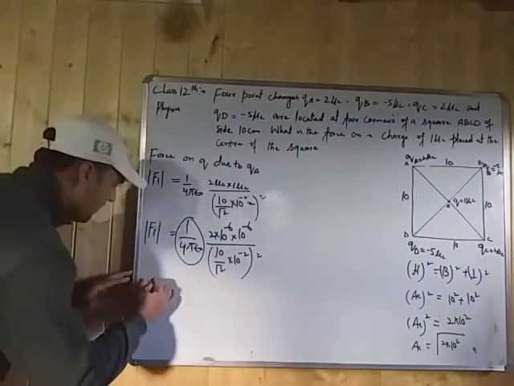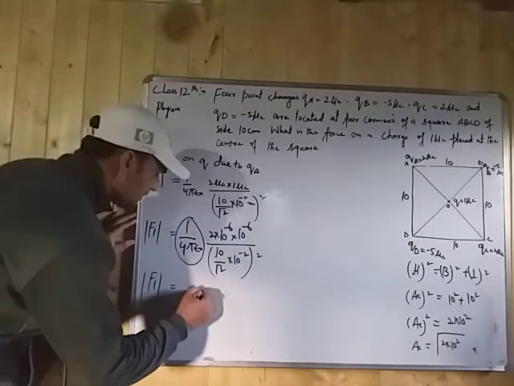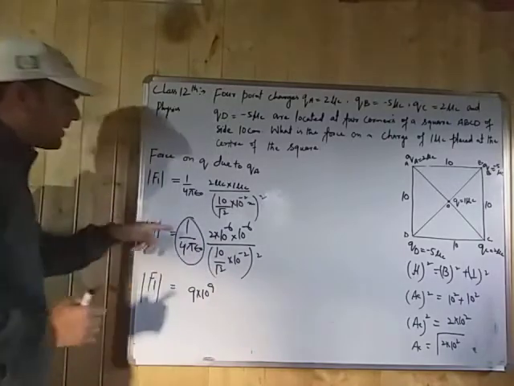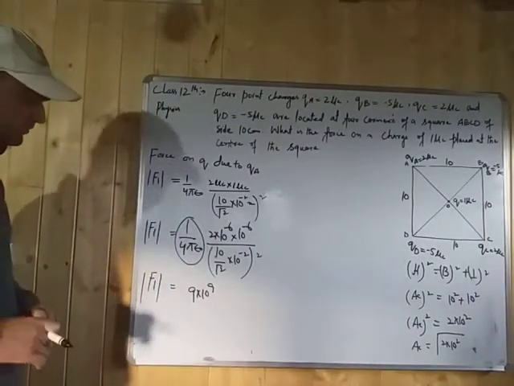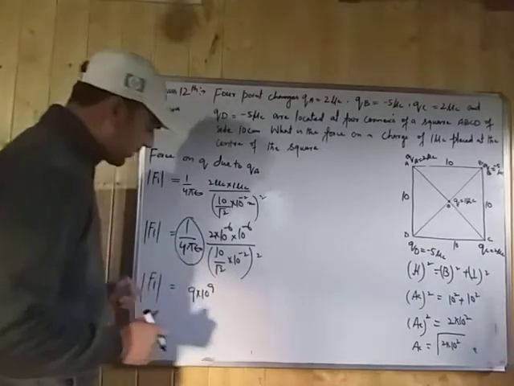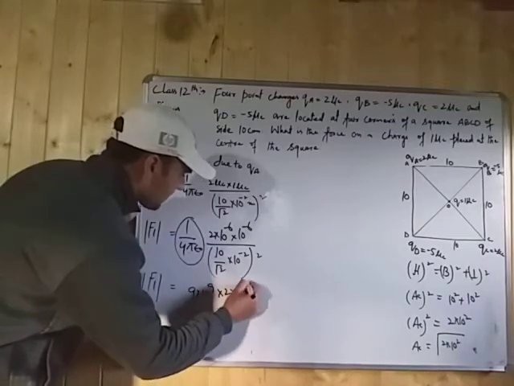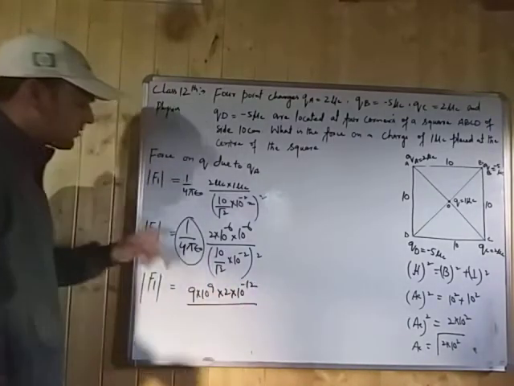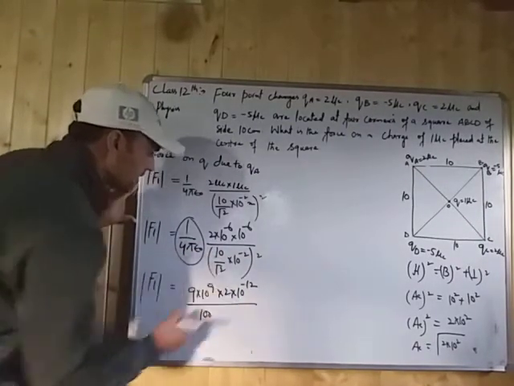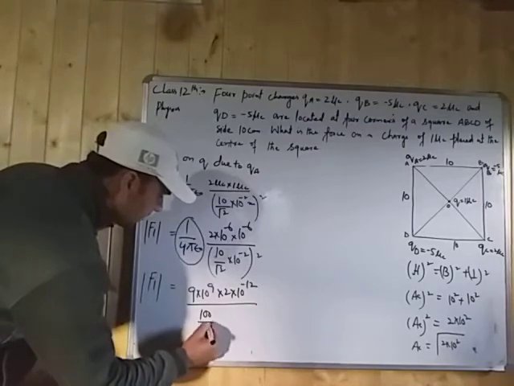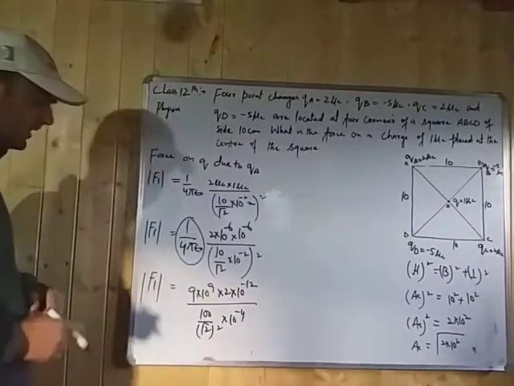So the magnitude of force F1 is equal to 9 into 10 raised to power 9, since 1 divided by 4 pi epsilon naught is the constant, into 2 into 10 raised to power minus 12, divided by 100 square divided by under root 2 square into 10 raised to power minus 4.